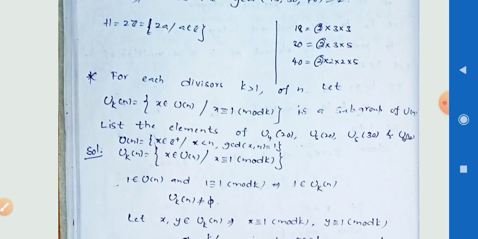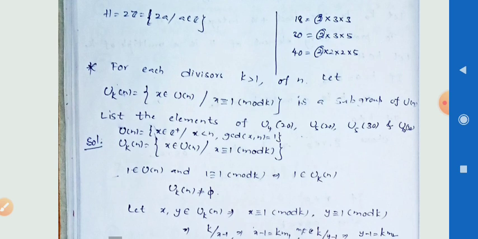U(n) is the set of x belonging to Z plus, such that x is less than n and GCD of x comma n is equal to 1. Now the solution: U_k(n) is the set of x belonging to U(n), where U(n) means relatively prime numbers, such that x is congruent to 1 mod k.